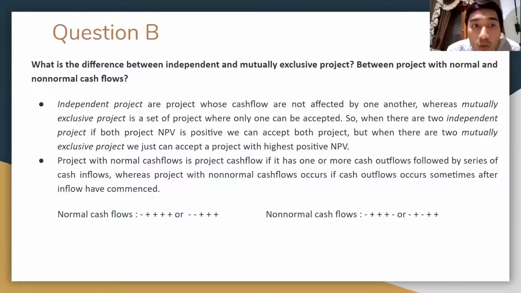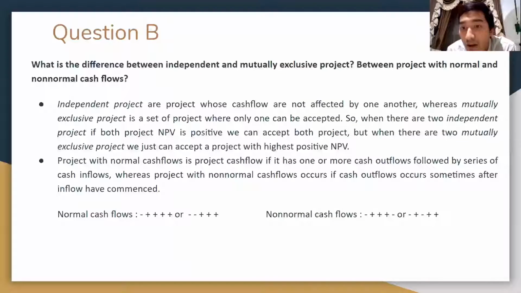Then for question B, what is the difference between independent and mutually exclusive projects, and between projects with normal and non-normal cash flow? The difference is that an independent project's cash flow is not affected by another one, whereas a mutually exclusive project is affected by another one.